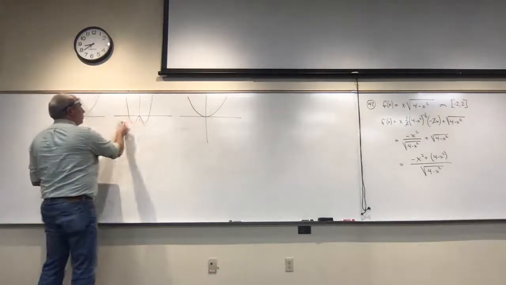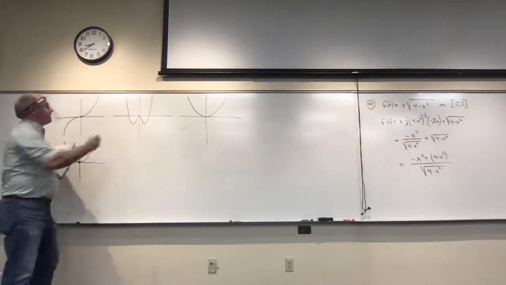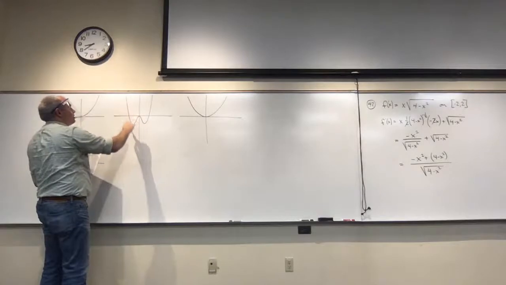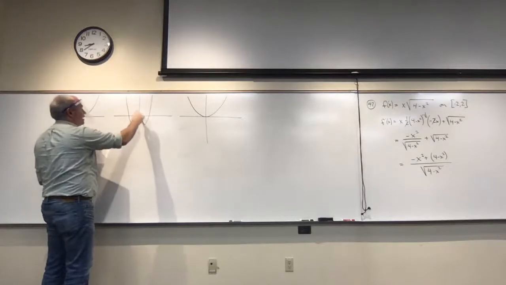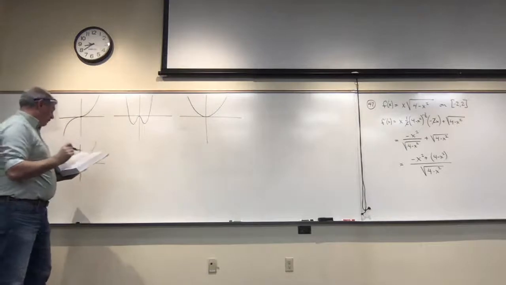What about this one? Are all the slopes positive on that guy? No, it's negative slopes, then positive slopes, then negative slopes, then positive slopes. So it changes back and forth.